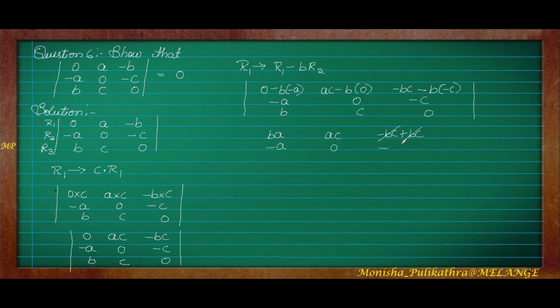All other elements you write as it is. So what will be remaining? In the first row you will get BA, AC and 0, then minus A, 0 and minus C, and B, C, 0. This is what remains.